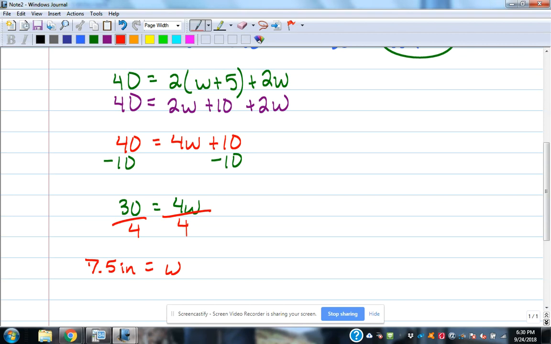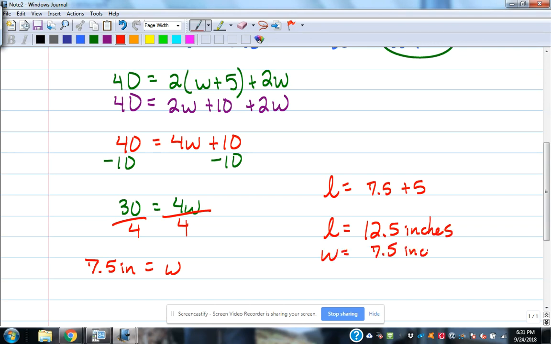The width. How do I find the length? Add 5 to that, because remember it said the length is 5 more than the width. So the length, 12.5 inches. Width, 7.5 inches.